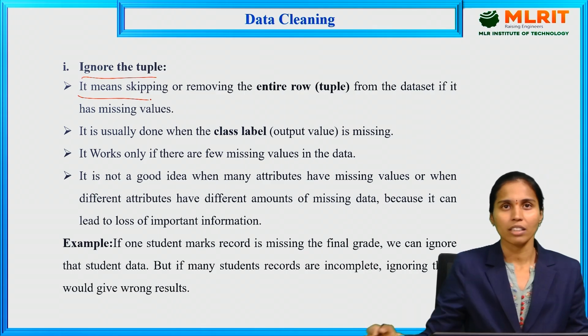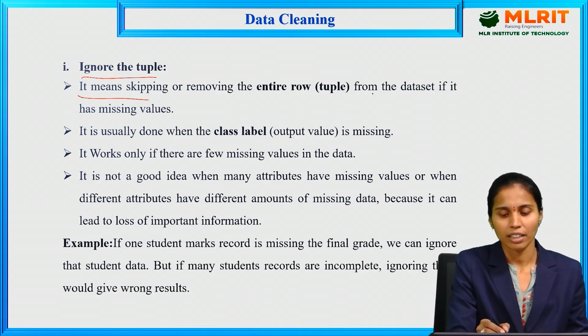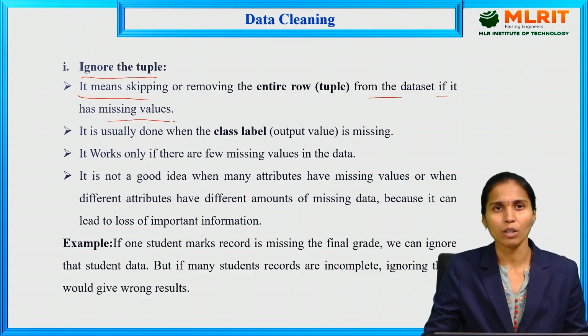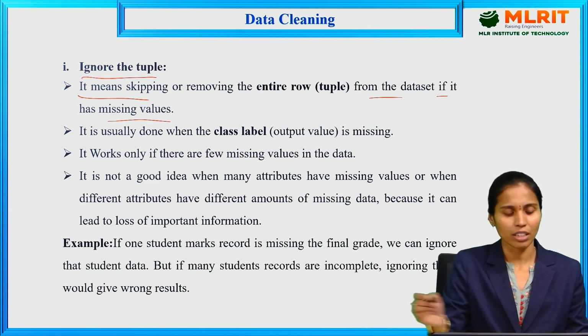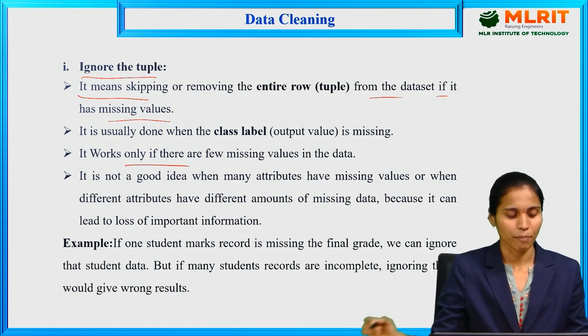It means skipping or removing the entire row from the data set if it has missing values. It is usually done when the class label or output value is missing. It works only if there are few missing values in the data set.